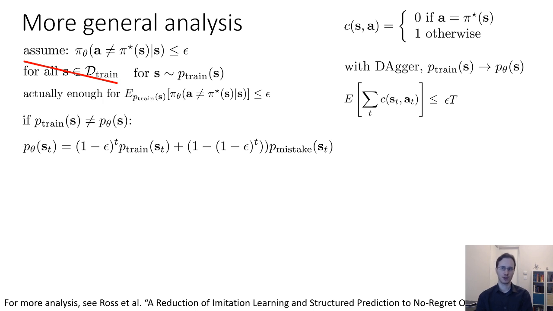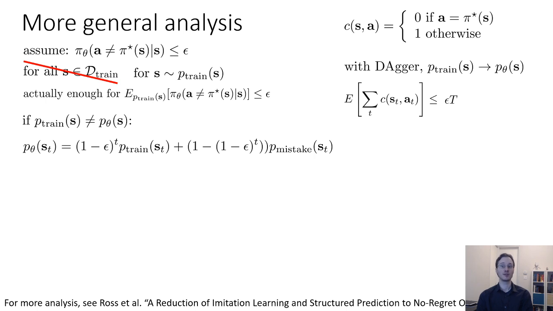And if we do the right thing, then we remain in distribution, which means that by time step little t, we have a probability of 1 minus epsilon to the power t that we've done the right stuff up until now. And if we've done the right stuff up until now, then our state distribution is simply p train, because we've matched the expert every single step up until now. So the first term is 1 minus epsilon to the power t times p train.